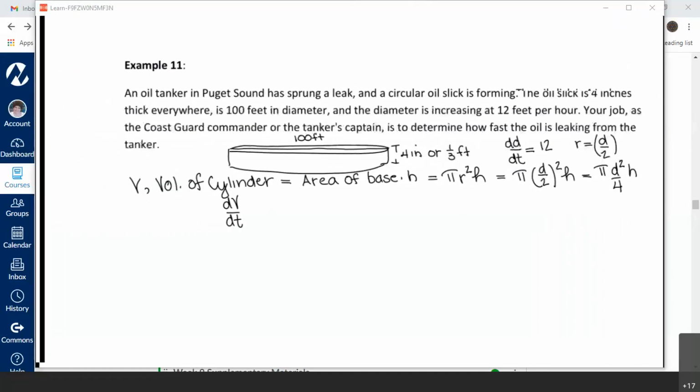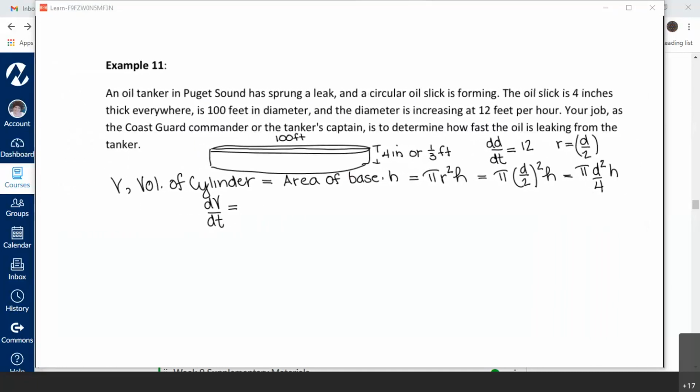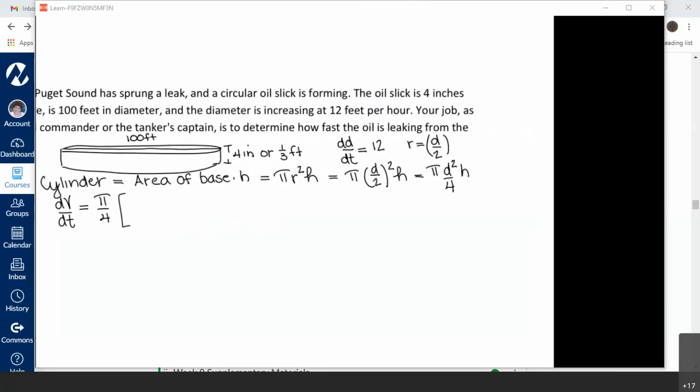Okay, so if I want to find the rate of change of the volume, the first thing I can pull through is the constants, which is pi and 4. All right, then I'm just worried about differentiating d squared and h. Okay, and again, I can do that with my product rule, I'm doing it off to the side here.